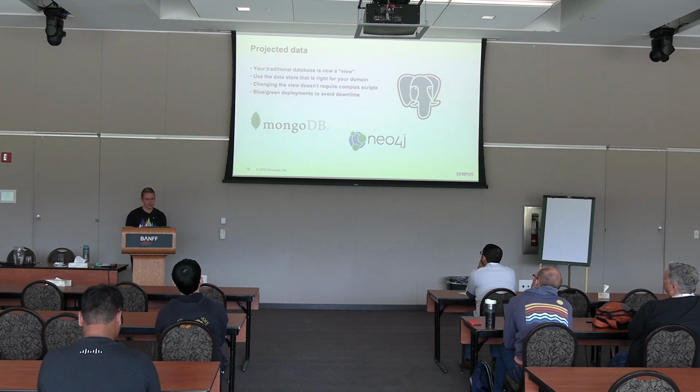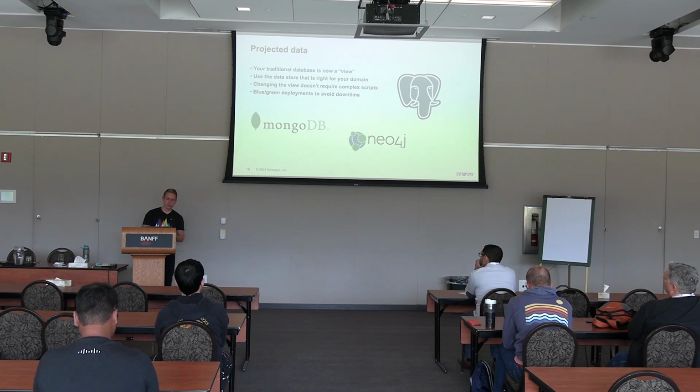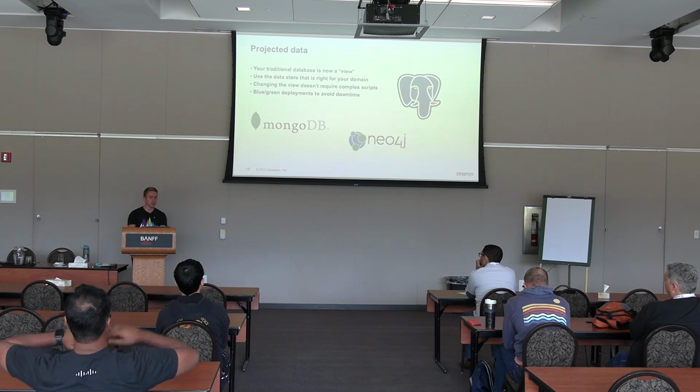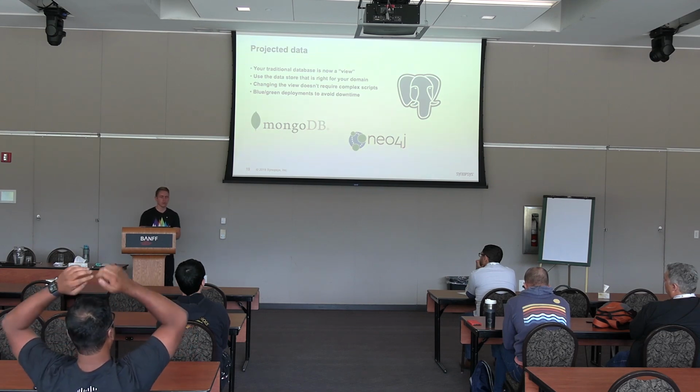You have that flexibility for every service to choose its own way to represent the data that it cares about without having to do some interesting transformation of data, maybe through a script or something. Changing the view doesn't require complex scripts. You just apply functions to the events in order to project that data into another data store, like Postgres.